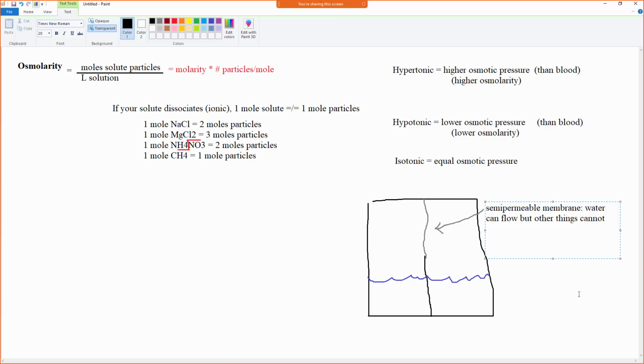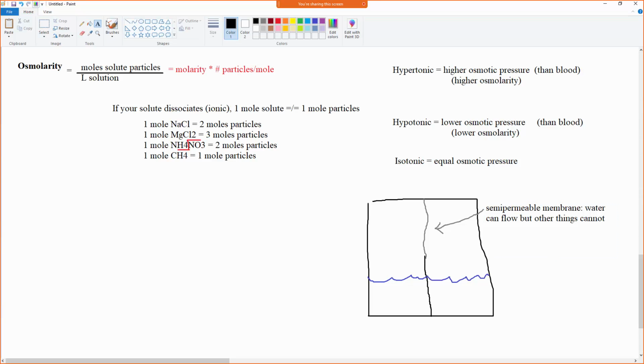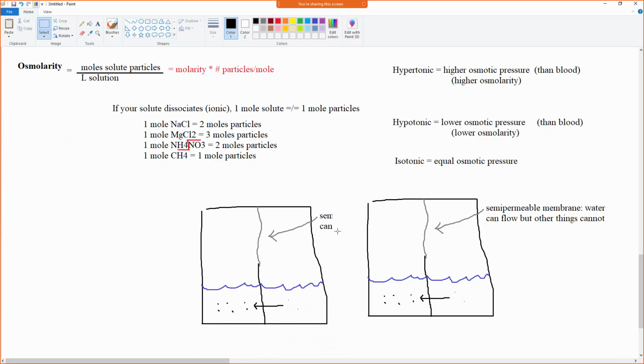Okay. And if I have more solute particles on this side and fewer solute particles on this side, there is like pressure actually exerted for the water to move this direction. And over time, what you will see is that the amount of water on the right-hand side goes way down.